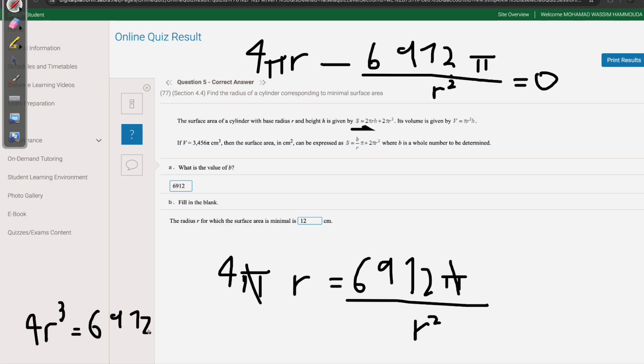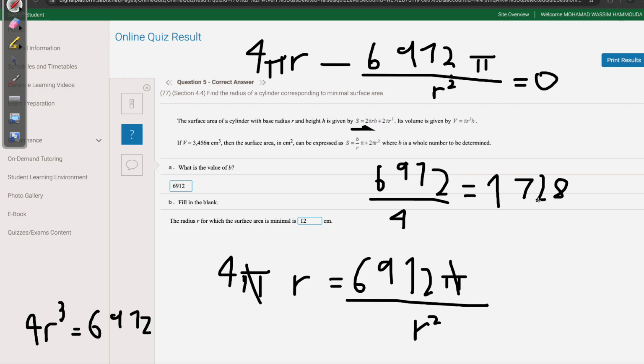You divide by 4, 6912. Let me put it on the calculator. 6912 divided by 4 is equal to 1728.